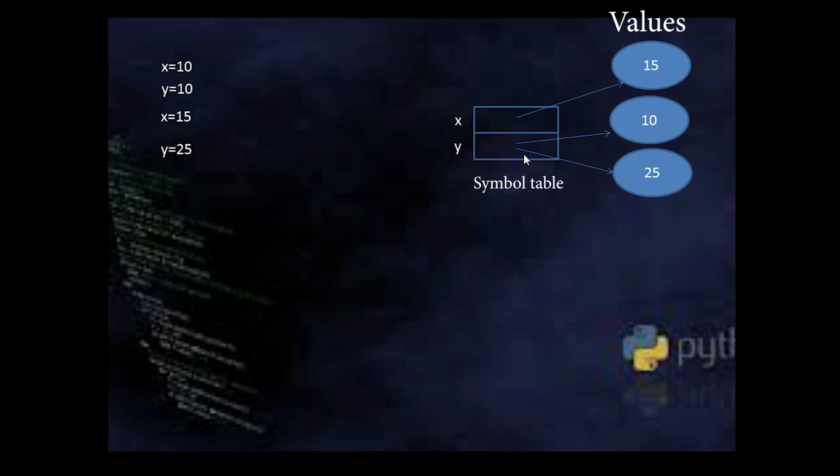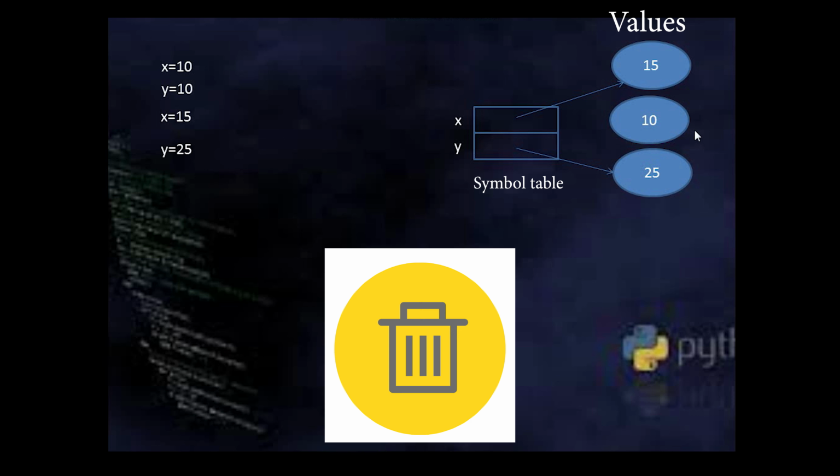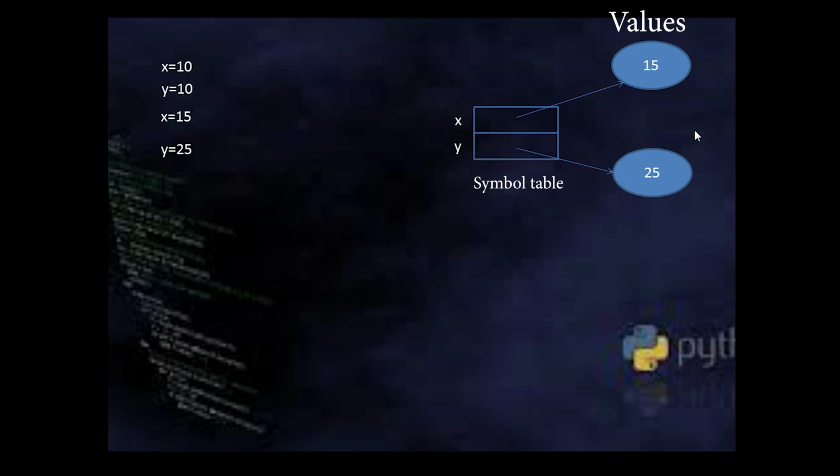The old reference is lost, and as there is no reference present to this memory, the reference count for this memory is zero. It is garbage collected. This garbage collection, you don't have to worry about. Python takes care of it. That is, the Python virtual machine takes care of this internal garbage collection.